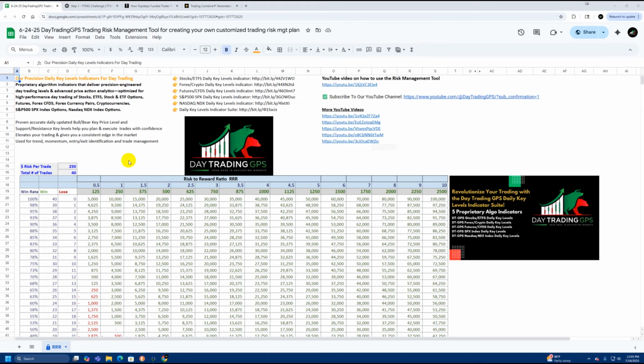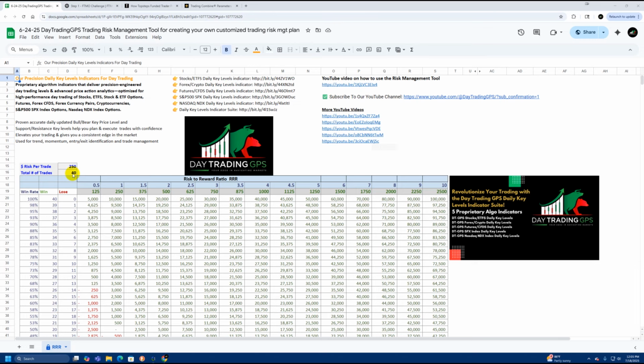Okay, so first off, you'll see over here the input for dollar risk per trade. That is how much you're going to risk per trade based on your size of the trade and your stop loss. So that would be the dollar amount that you input here. The total number of trades that you'd want to put in here would be for the period of time that you want to set your plan for.